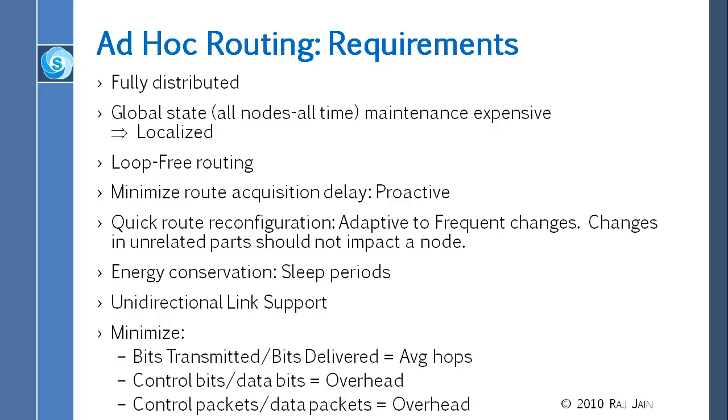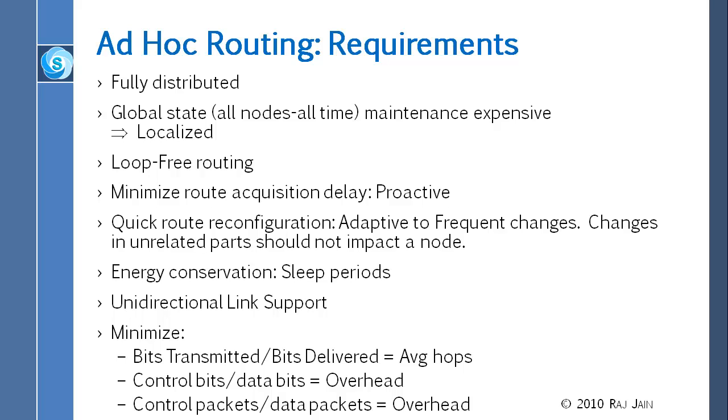Quick route reconfiguration, because of the changes, because of the moves of all the nodes, we have to basically update the databases. And the key is that we really need to know more about the local networks than about the remote parts of the networks, because there could be a lot of things happening in the remote part that do not really affect our local traffic, and therefore we may not need to know that.